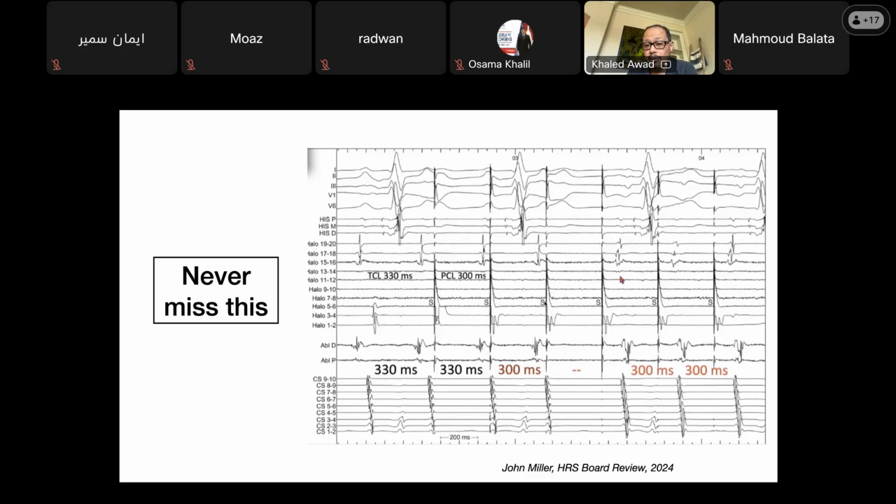This is how we know that this stimulus is the one that terminated the tachycardia. This one brought the tachycardia in a little bit earlier. So that entrained this electrogram. So tachycardia was going at 330. This stimulus goes down, brings this next electrogram a little sooner. This one terminates the tachycardia.